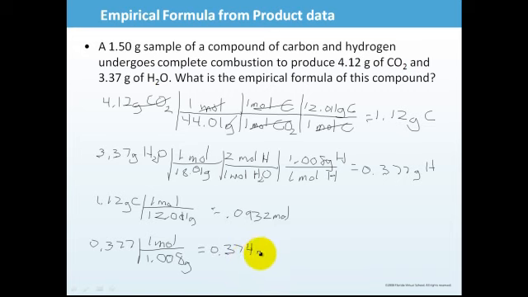And again, that is moles. Okay. So of the two, the smaller number is the top one here, the 0.0932. So that's the number we're going to divide both of them by.